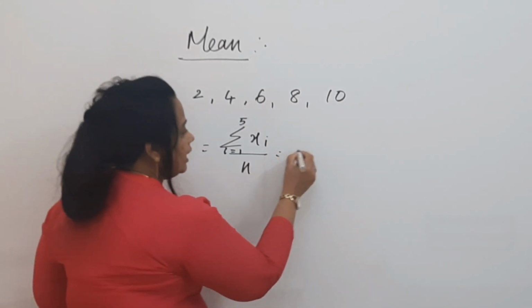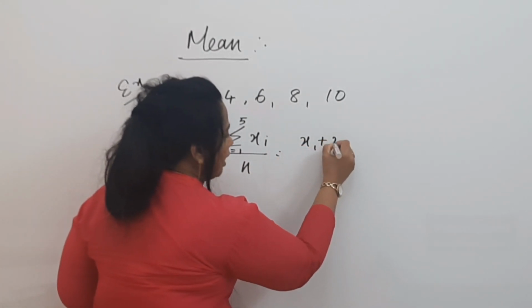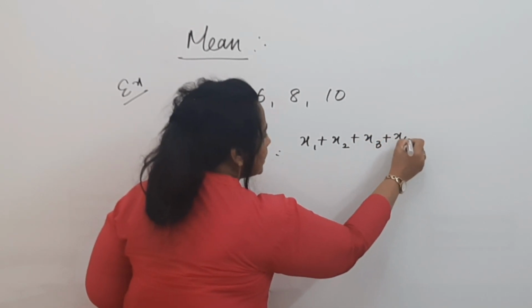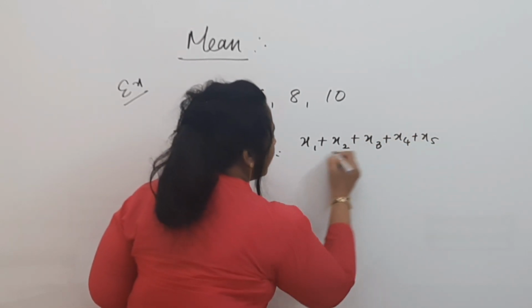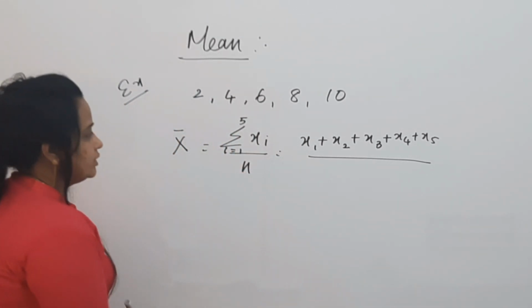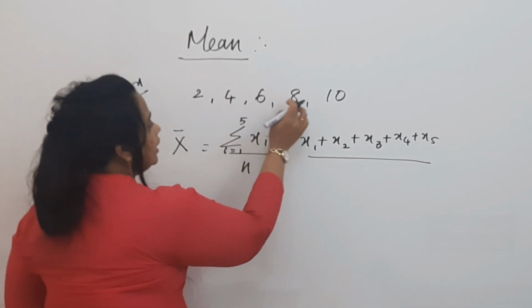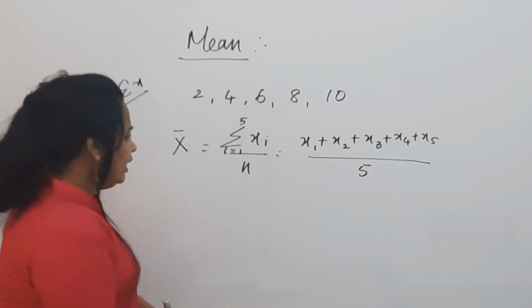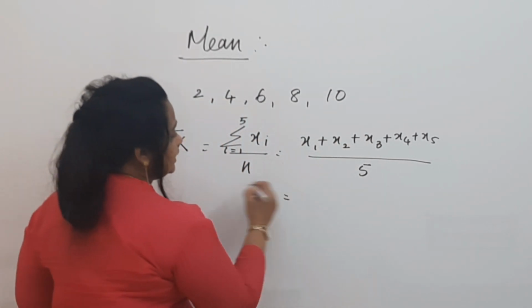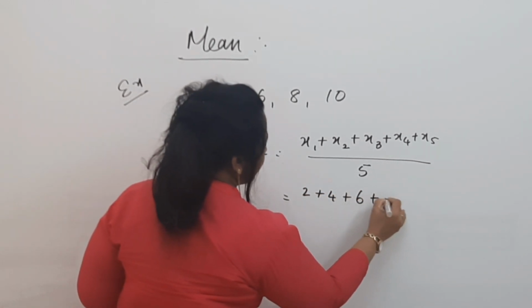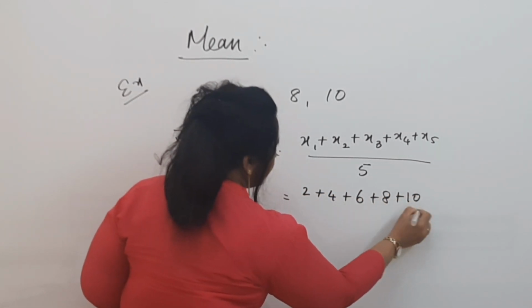This can be written simply as x1 plus x2 plus x3 plus x4 plus x5 divided by the total number of variates, 5. Now I add these variates: 2 plus 4 plus 6 plus 8 plus 10 divided by 5.